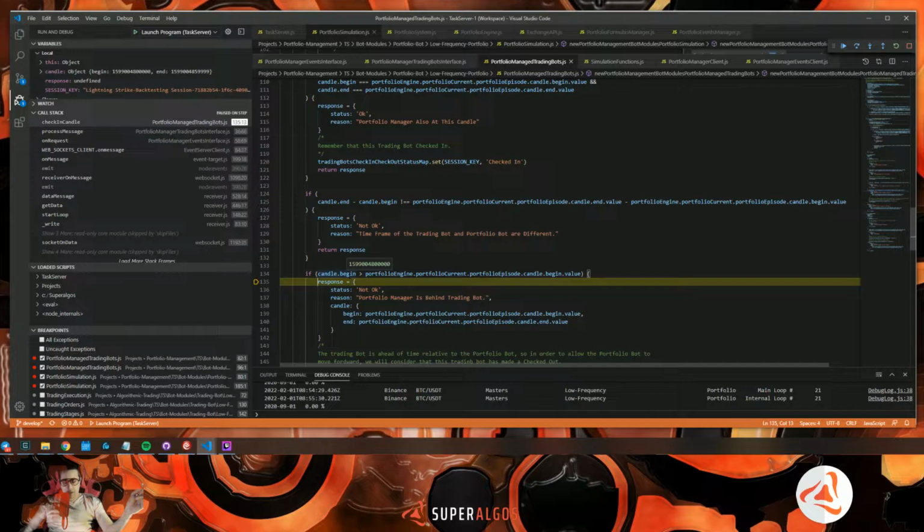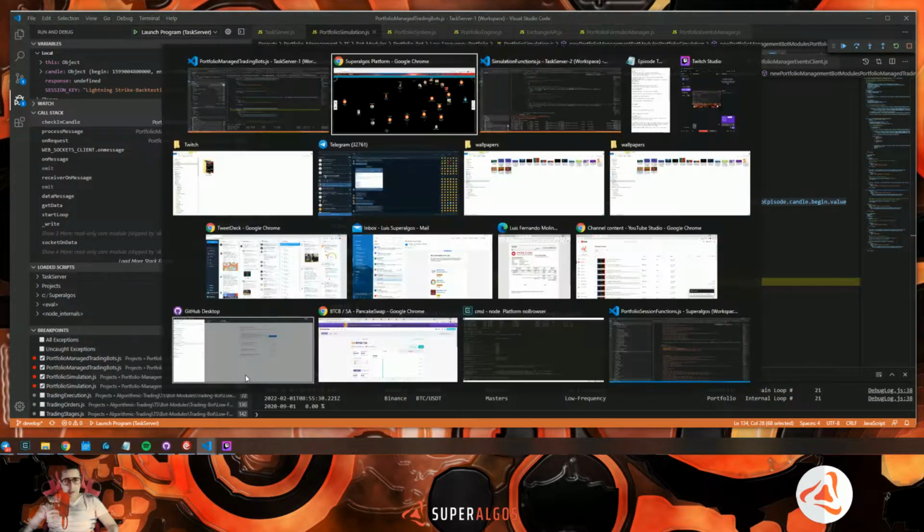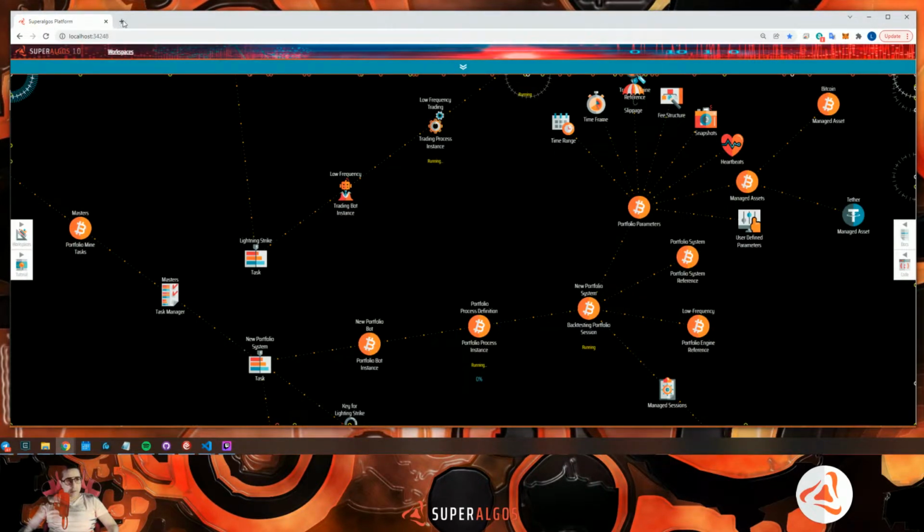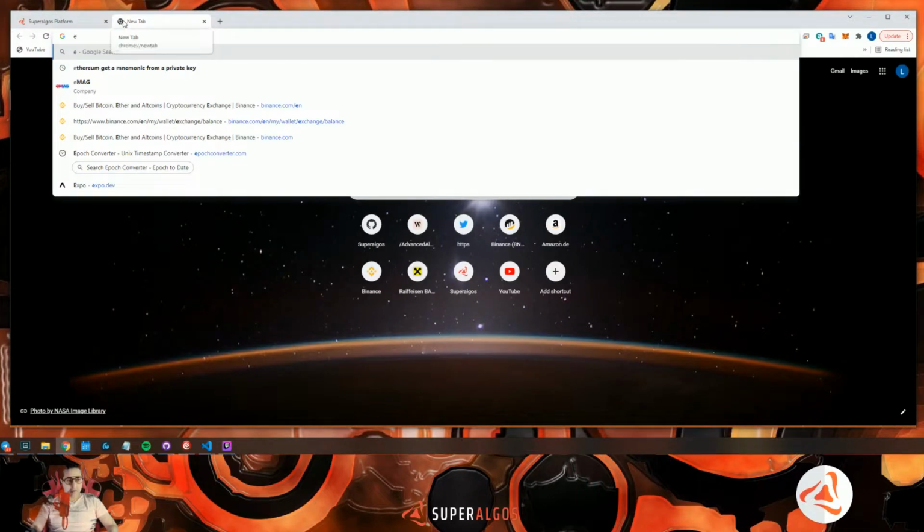So this is the candle of the trading bot. This is the one. So where are we standing? To check this, I will need to convert this stuff.